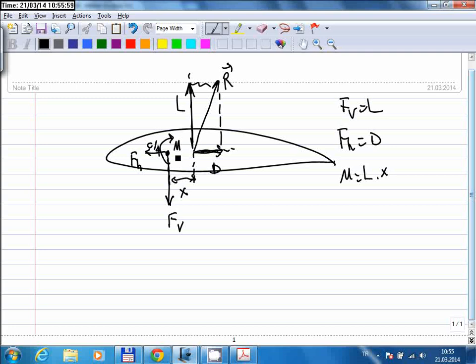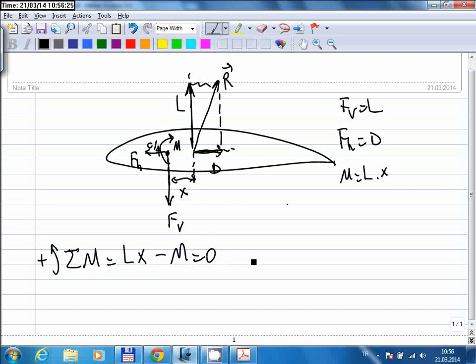Okay, so let me just write it. Let me take this to be the positive direction for the moment. The moment due to the lift force is in the positive direction, so I should write it as a positive term, L times X. And this moment M is in the opposite direction, so I should write it as a negative moment, minus M. And the total should be 0.